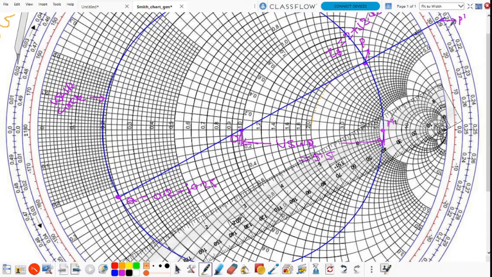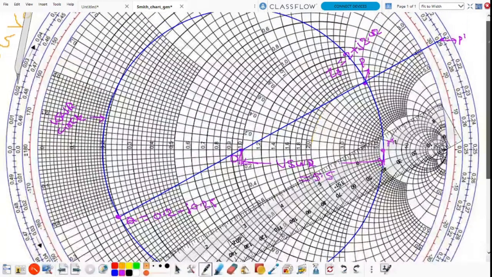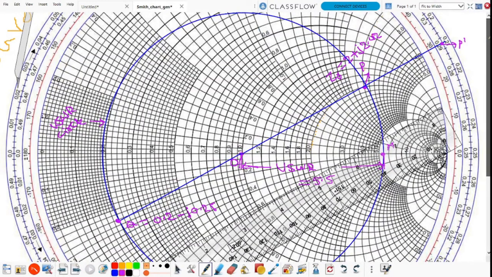At point P dash the value is approximately 0.208 lambda.